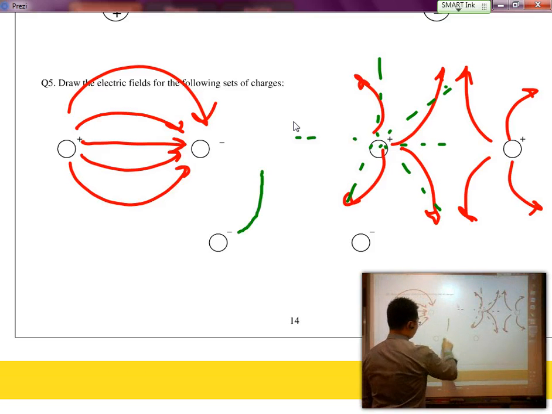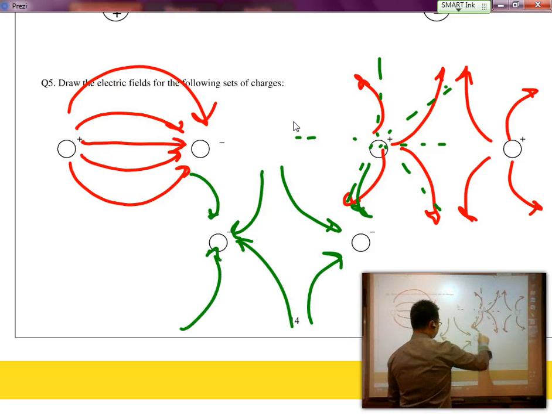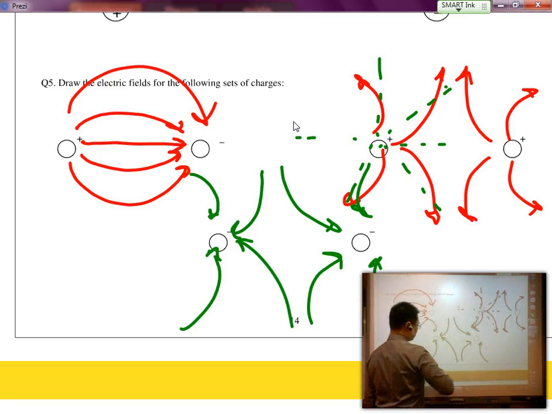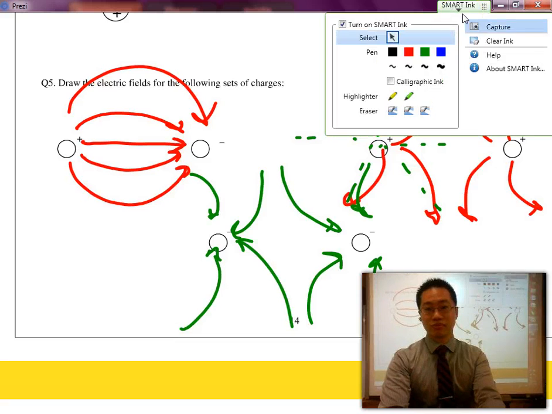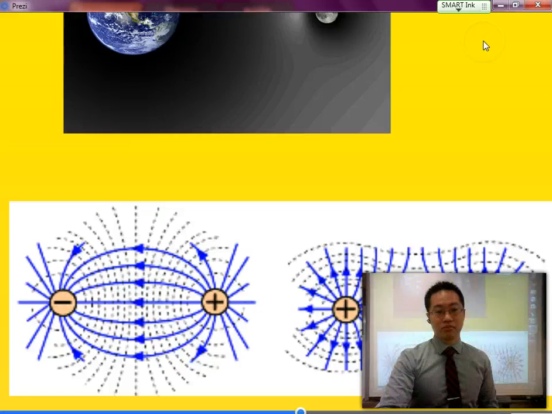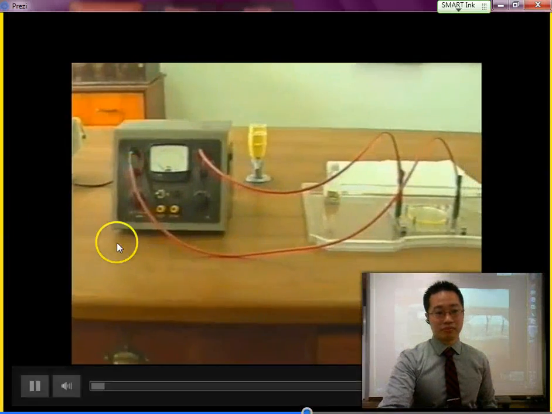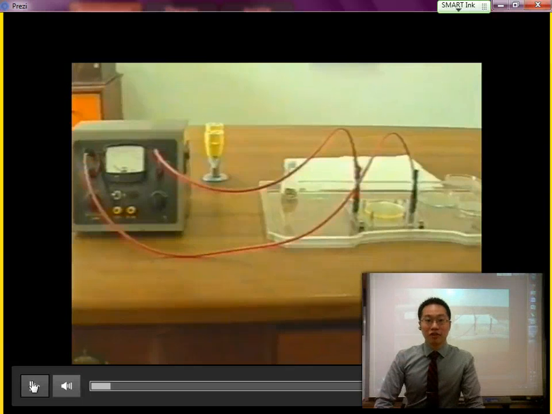So in this case, it'll look more like this. Patterns around charges.